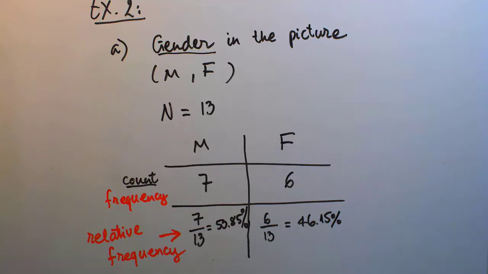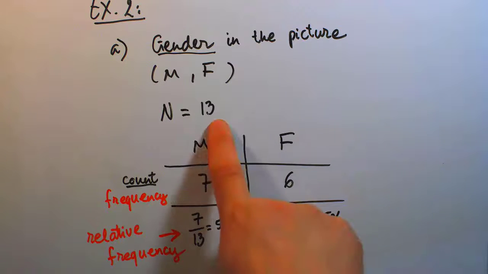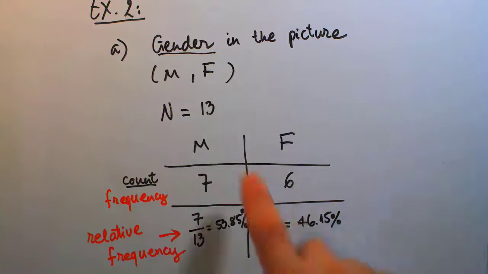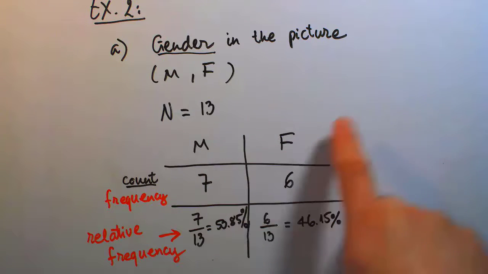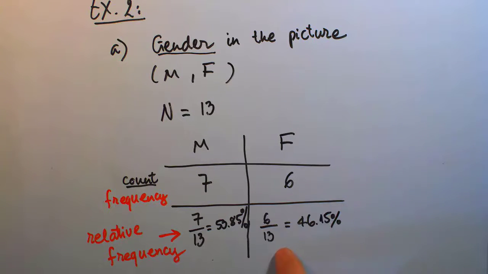All you do is get the actual count and put that over the total number of values in the data. Same way right here, we're looking at the relative frequency for being a female in this picture over here. It's simply going to be 6 out of 13, or as a percentage, 46.15%.